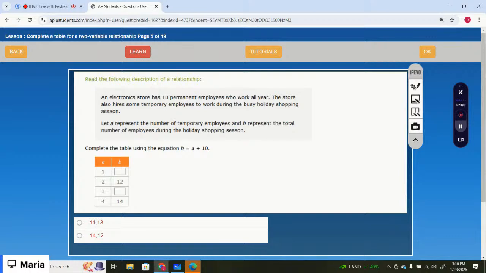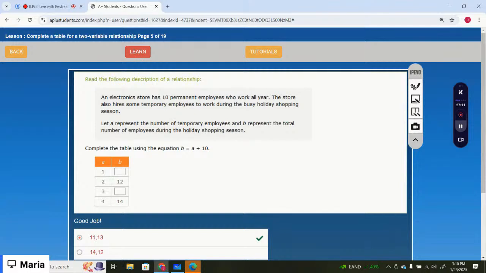A equals 1 and A equals 3, so that is 11 and 13. 10 plus 1 is 11 and then 10 plus 3 makes 13. So option number 1 is the correct option. Very good.